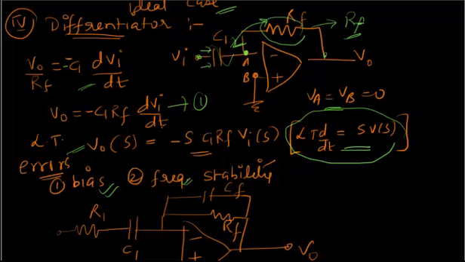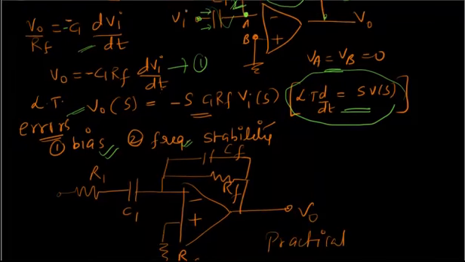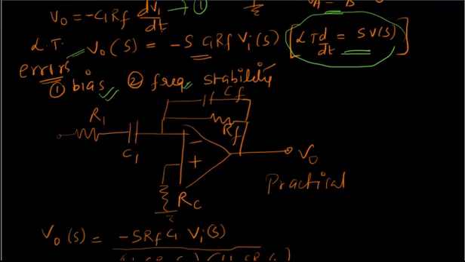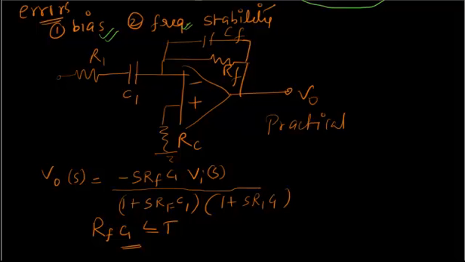Now again we have to use the compensation techniques to compensate for these two errors. What we are doing is, RC is the same thing, R1 parallel with RF, to have a compensation for the biasing, and CF is added in parallel with RF.